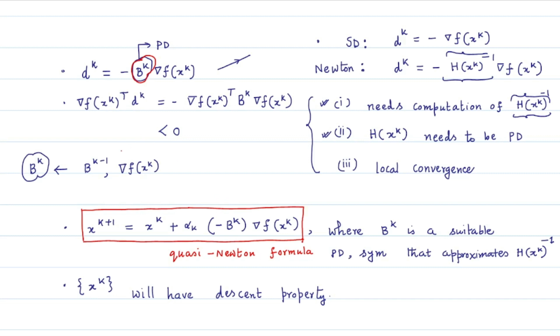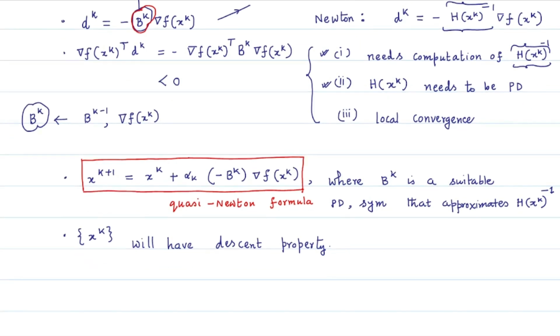Now here the question comes: how to construct a suitable Bk? We expect that the computation of Bk across iterations is convenient, not like the computation of the inverse of a certain matrix, which would require huge computational costs. So the question is, what condition must this matrix Bk satisfy and how to construct it?